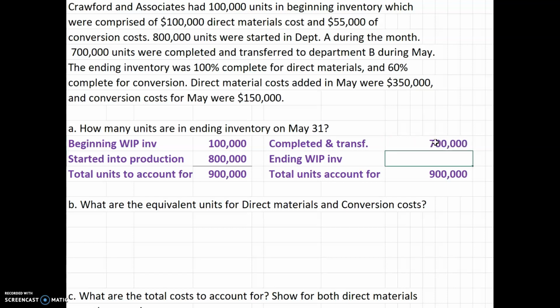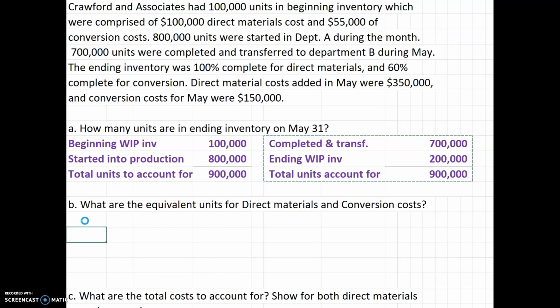And so the ending work in process inventory must be 200,000, because that's what will get us to the 900,000 units to account for. So that's step 1 in our 5-step process. Now we need to calculate the equivalent units for direct materials and conversion costs. And that's going to be based on the units that are accounted for.